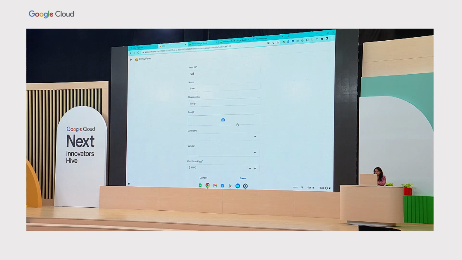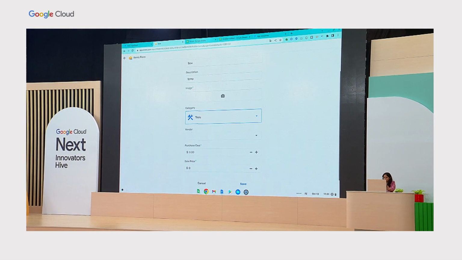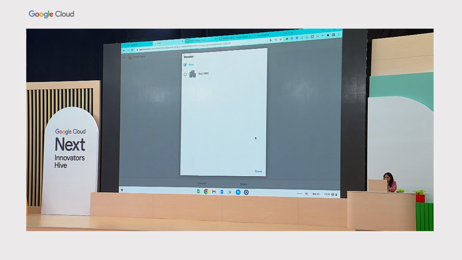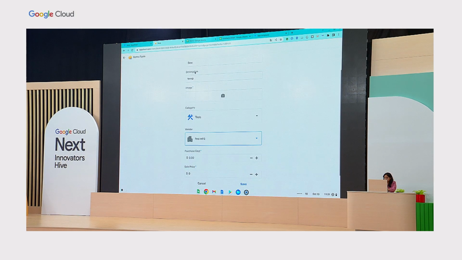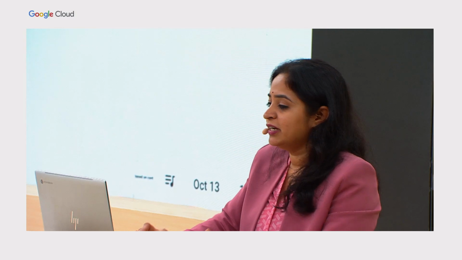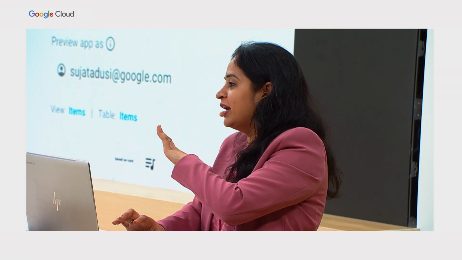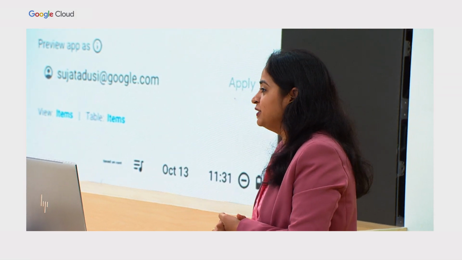I can enter an image, I can choose a category, add details, fill all the mandatory fields, and I click on save. So this becomes an item form for your app itself. Now these are mandatory details that have been asked. So this is an example of an app more from an inventory management perspective.